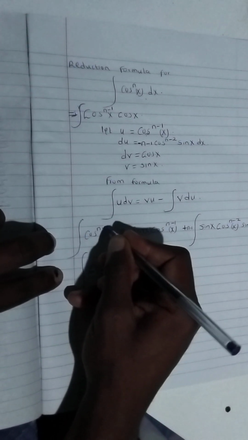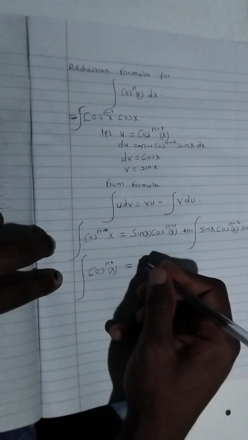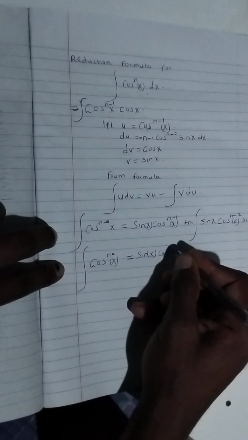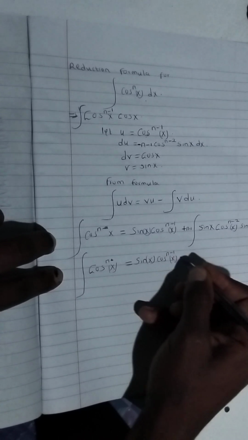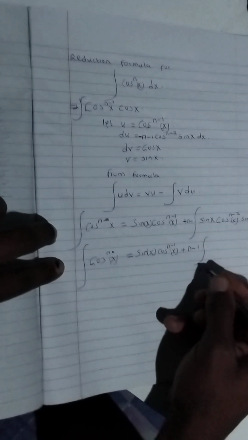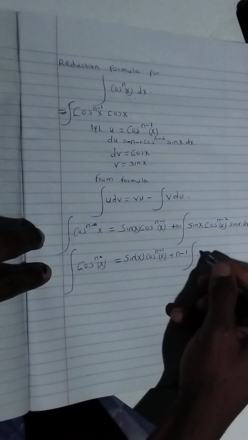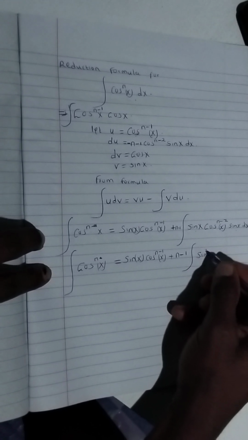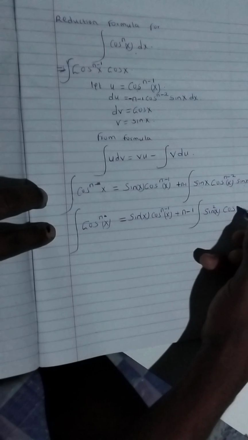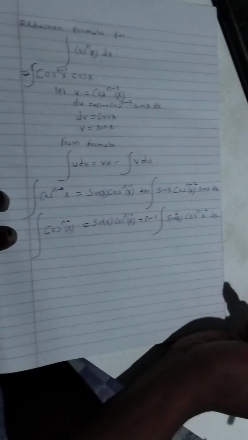Here it is n because we are finding the reduction formula for that, which is equivalent to sin x cos^(n-1) x plus (n-1) times the integral of, when you take sine multiplied by sine, that is sin^2 x, then multiplied by cos^(n-2) x dx.